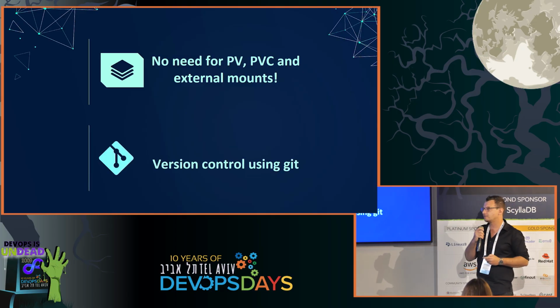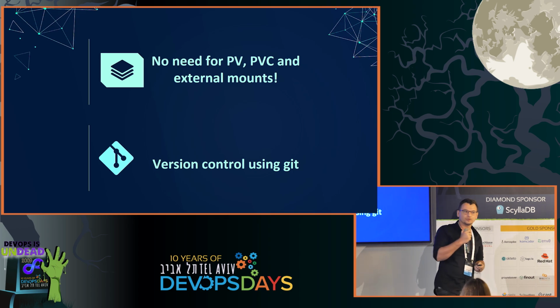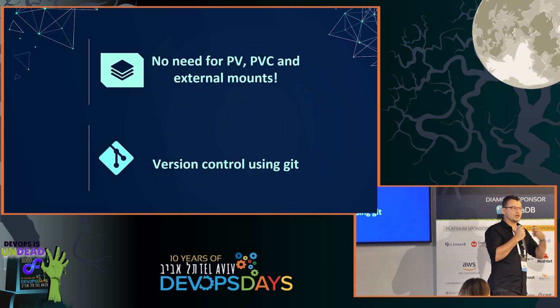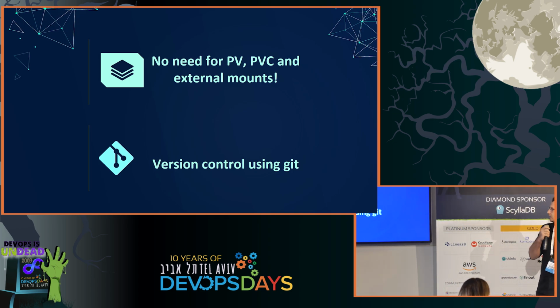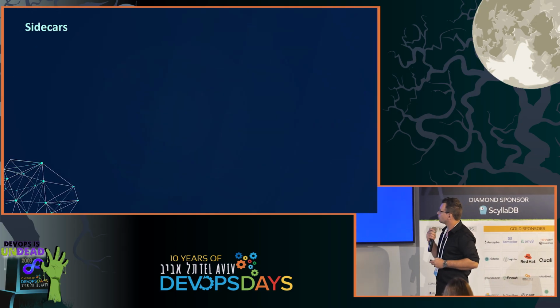And of course, we now have the benefit of version control using Git. If, for example, you change your username or add some credentials, everything is in version control using Git, and we will see at the end how it will benefit us more.